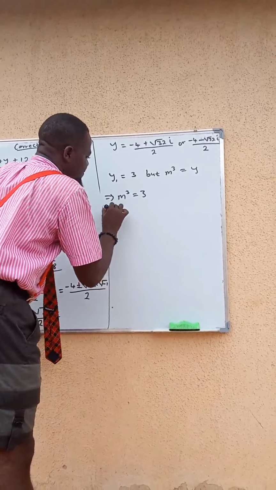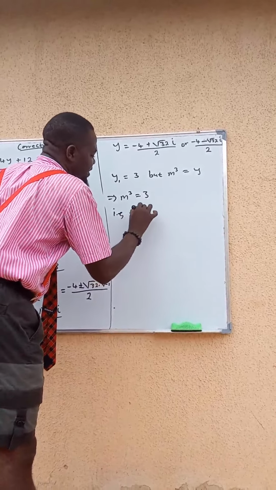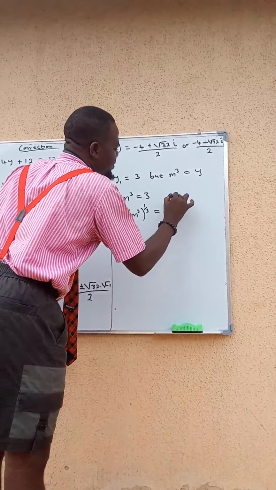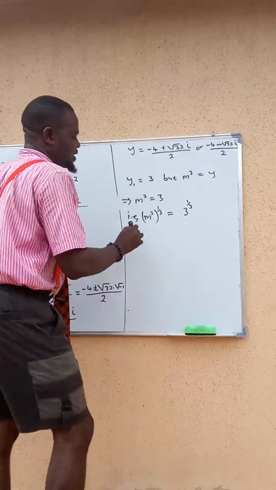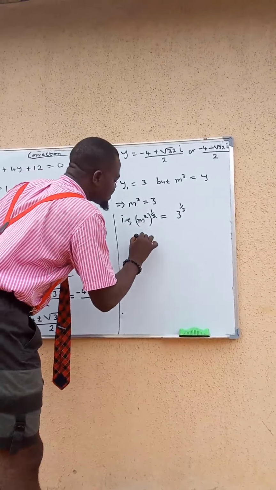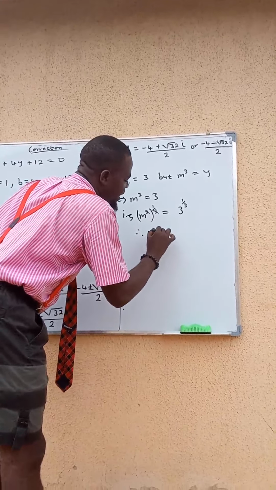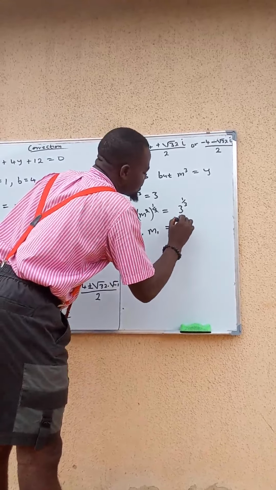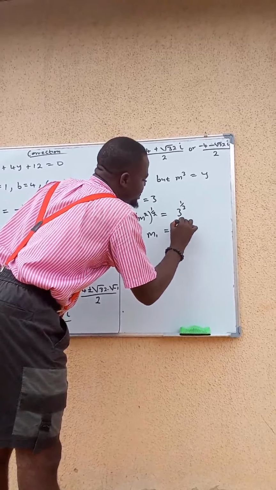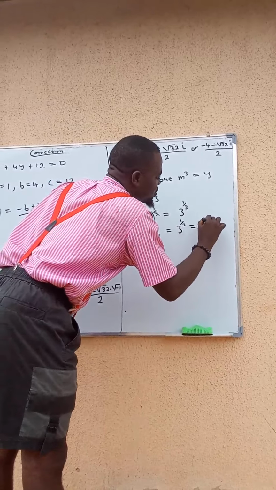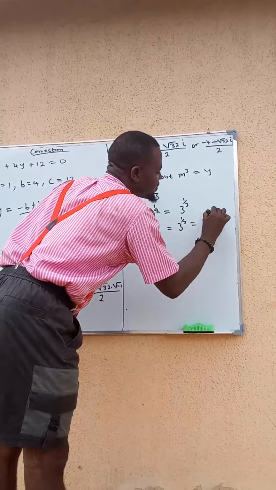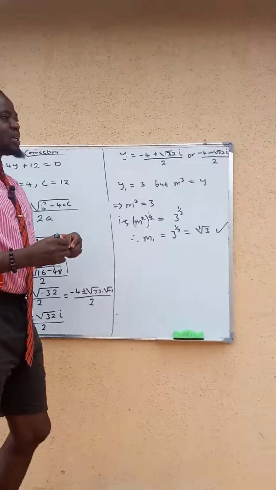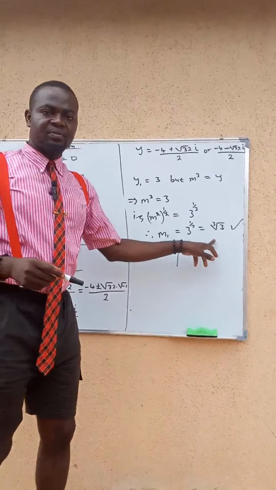That is m raised to the power of 3 raised to the power of 1 over 3 is equal to 3 raised to the power of 1 over 3. This goes with this. Therefore, my m1 will now be equal to 3 raised to the power of 1 over 3, which is equal to the cube root of 3.